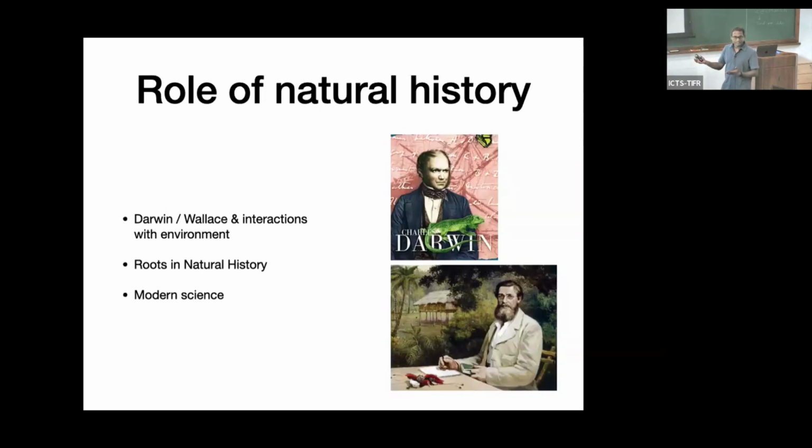You may have seen yesterday people modeling some things like this with different variables. But what these people were building were models that were not explicit mathematically, but verbal models. So I would say that biogeography has its roots in natural history, and that is what links to modern science today. It's a very valuable part, and this is what is happening with a lot of disease work as well today.